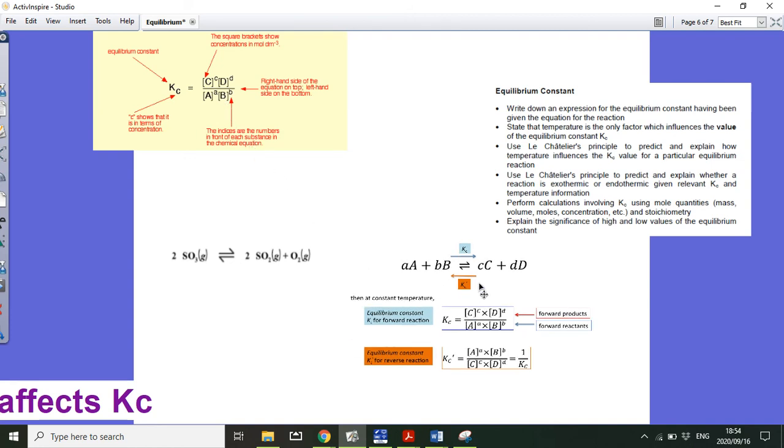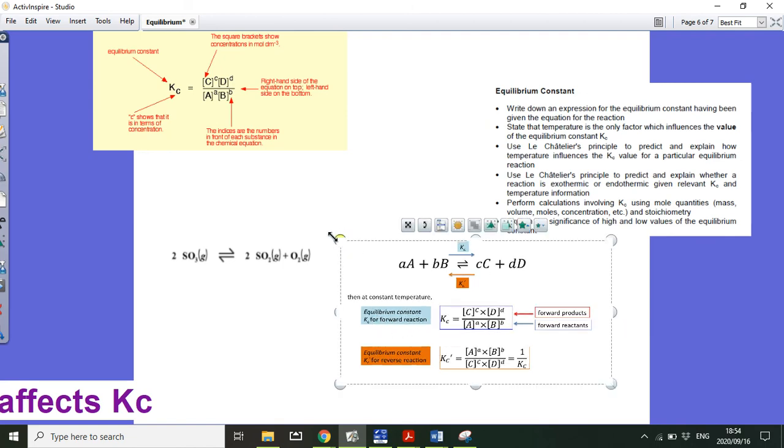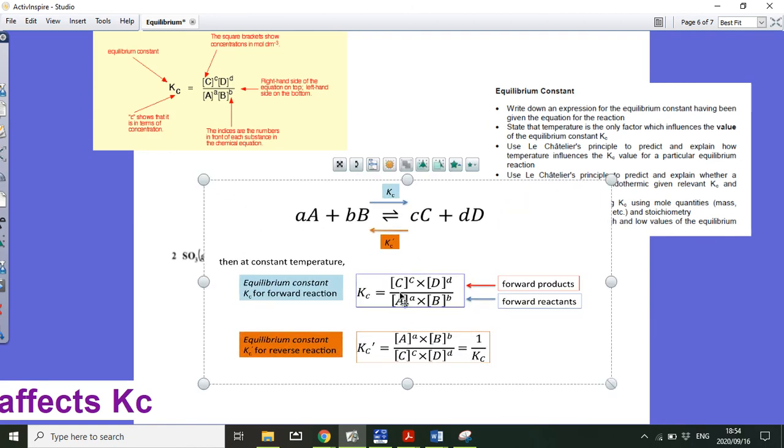Also, please read your question nicely. If they say the equilibrium constant for the forward reaction, then it's going to be products over reactants. If they say the equilibrium constant for the reverse reaction, then the products become the reactants. So these must swap around and the value will be the inverse. There have been questions on this before, but it is treated the same way.